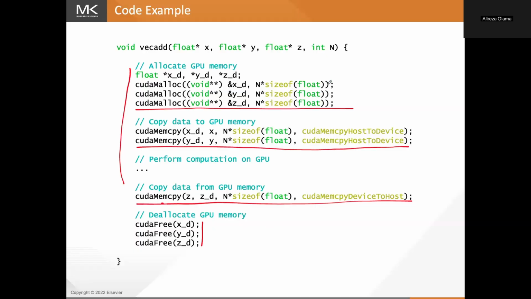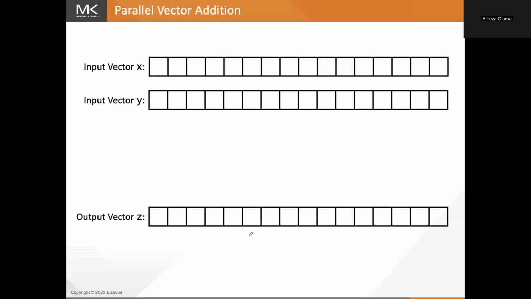So we have the allocations, we transfer data, we perform the computations, then we transfer the results from the GPU to the CPU memory, and then we just deallocate, right? So let's see how we can perform that calculation.